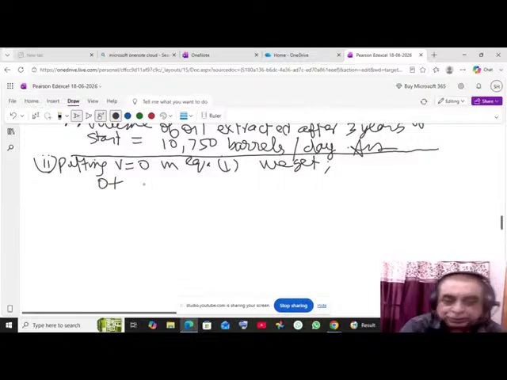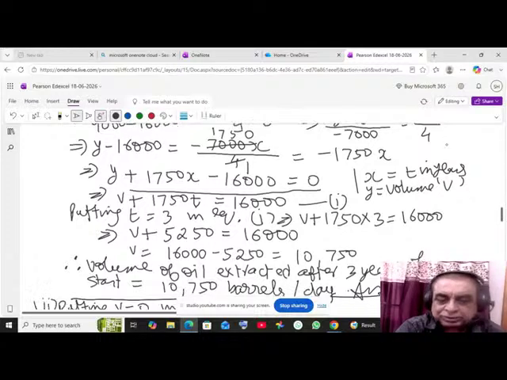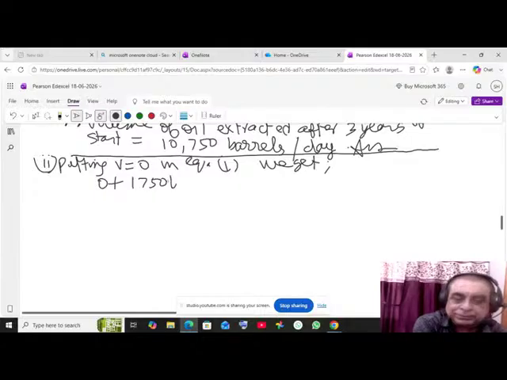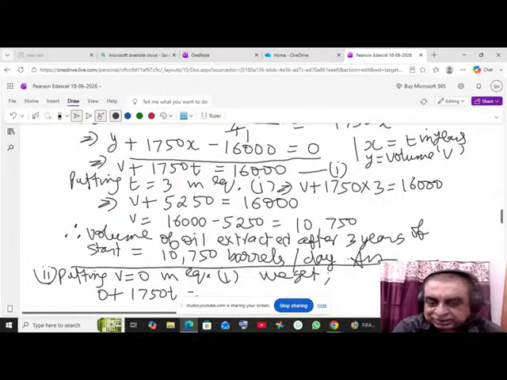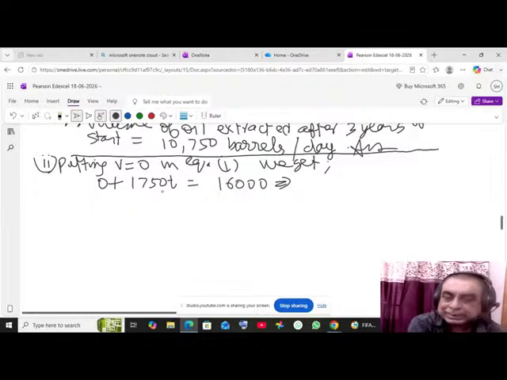So 0 plus what? Here it is 1750 times t. So 1750 times t value is equals to 16,000. Now solve this equation and get the value of t. So 0 added with any number, we get the same number back.